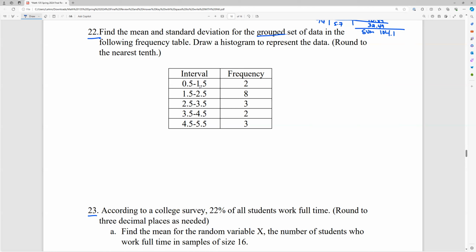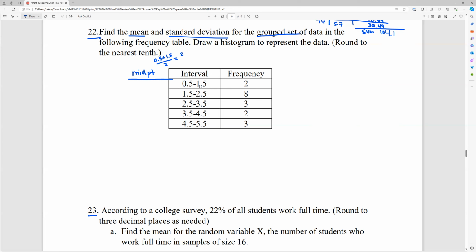So when you have a grouped set of data and you want to find the mean and the standard deviation, first thing you have to find is the mean again, because that is how we find the standard deviation. So to find that, we're going to do what's called the midpoint as an estimator. Okay. So to find your midpoint, the first one is always a good place to start. You add your 2 values that make that interval together and we divide it in half.